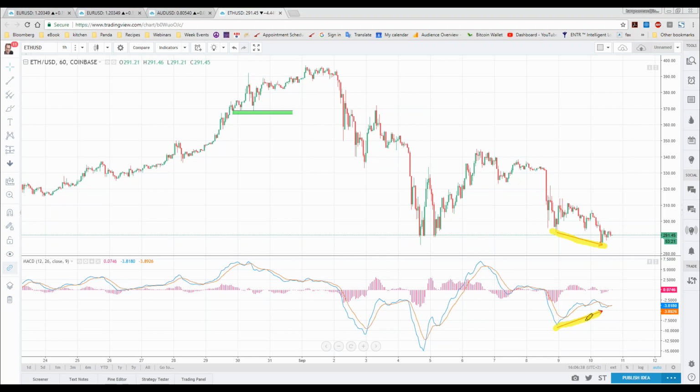This is what is called divergence, when the indicator moves in an opposite direction or diverges from price. Convergence, on the other hand, with a MACD indicator is when one line, the MACD line, and the other, the signal line, converge together or they cross over. Okay, so keep that in mind. We have crossovers and divergences.